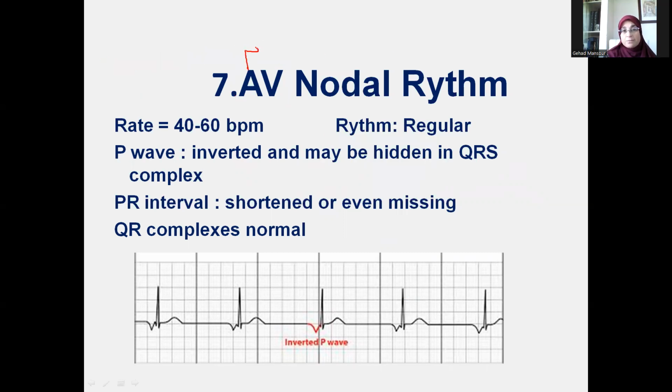So the AV node has its own intrinsic rate, meaning that if the SA node is healthy, it would drive the AV node to beat at the same rate as that of the normal pacemaker of the heart, which is the SA node.